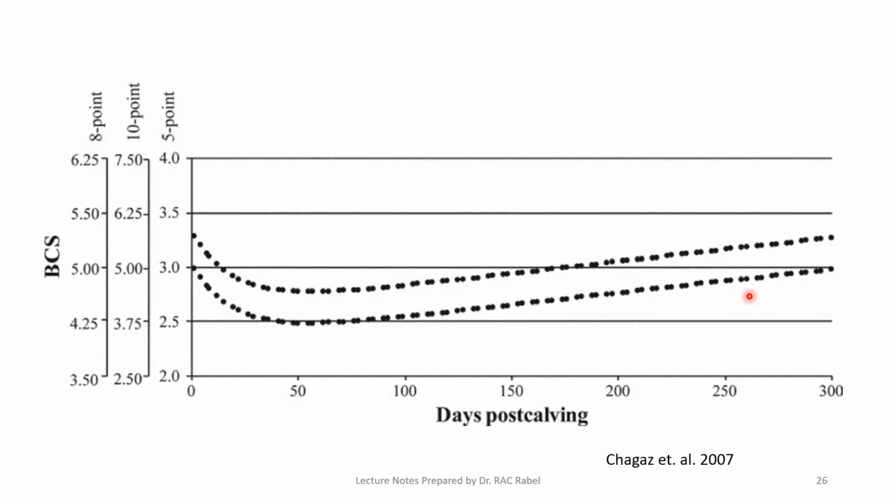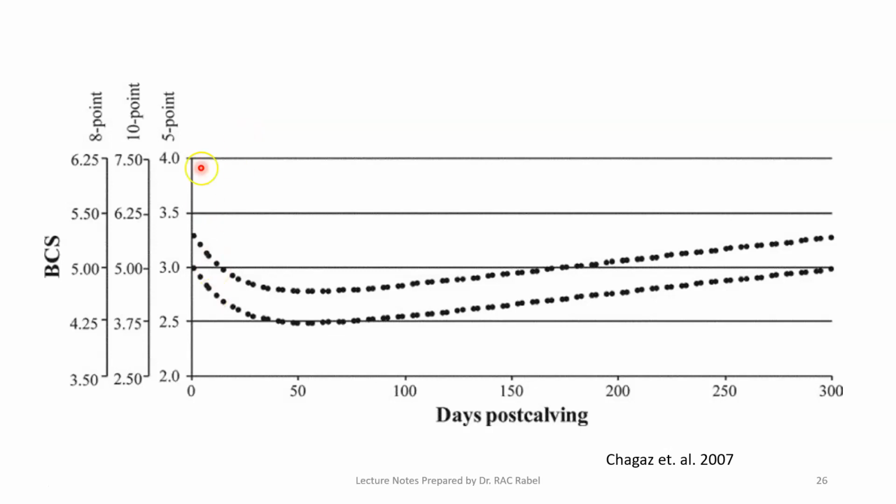Now, there are three different body condition score systems used the world over. Sri Lanka uses a 5-point scale, so the poorest body condition scores are close to 1 and the highest close to 5.